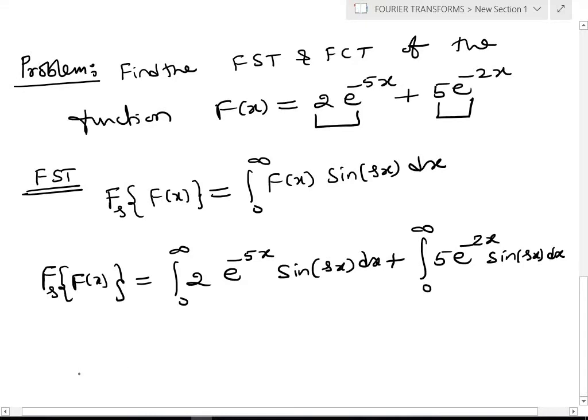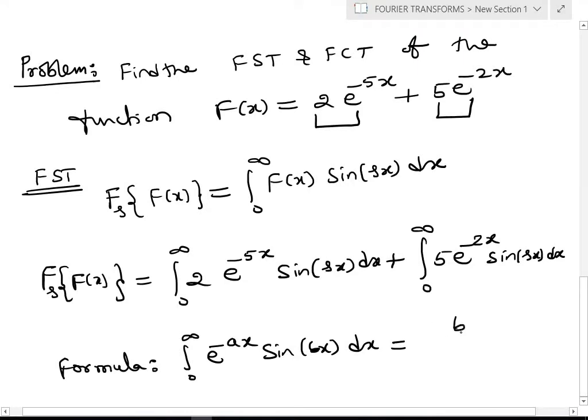To integrate this, we must know the formula. In your 12th standard mathematics, you might have learned the standard formula: the integral from 0 to infinity of e power minus ax sine of bx dx is equal to b divided by a square plus b square.